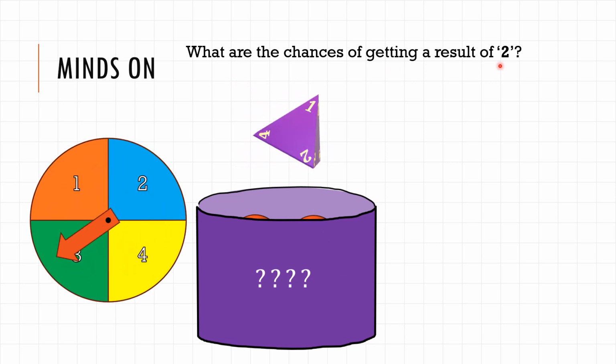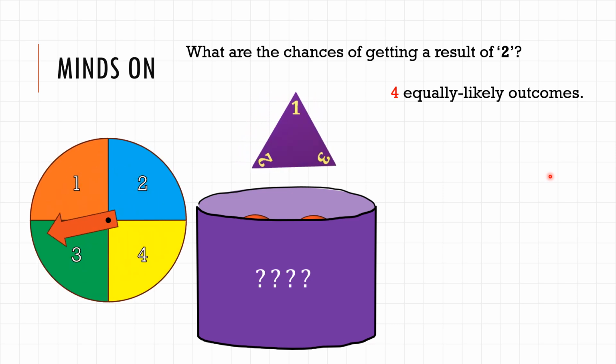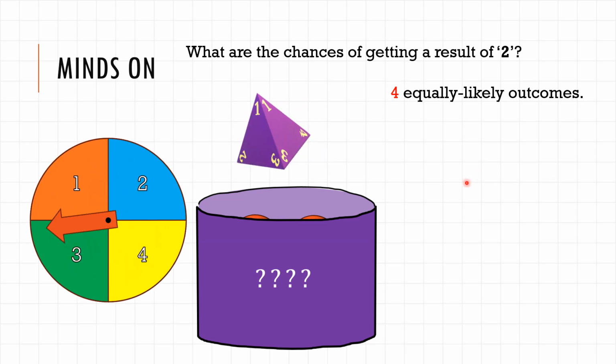Again, what are the chances of getting a result of 2? In this case, just like in the others, there are 4 equally likely outcomes. Just like the others, the chances of getting a 2 here are also 25%, because only one of those numbers is matching our desired result.